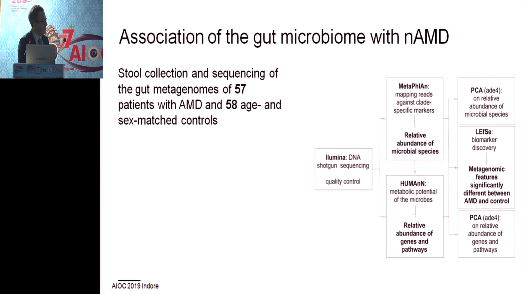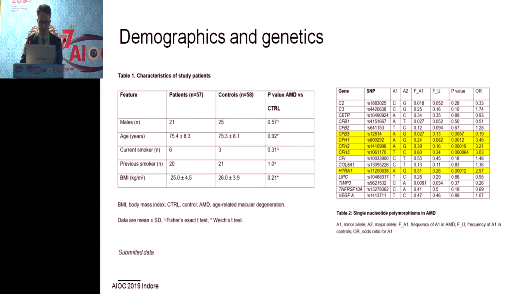This is the bioinformatics pipeline we used. We did whole DNA sequencing with the stool probes of these patients and controls, and we did analysis to analyze the composition of the microbes residing in the guts of these individuals. This is the demographics, so fairly balanced groups.